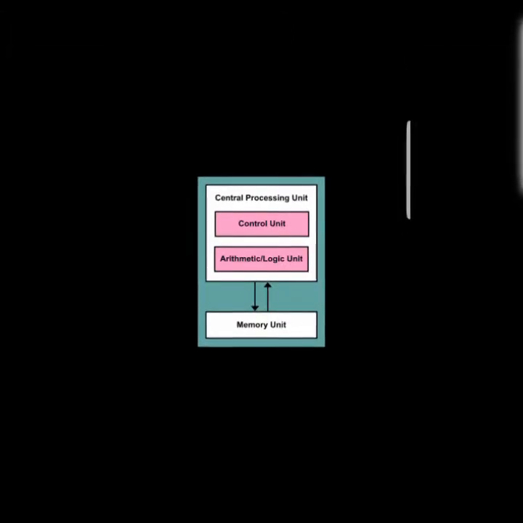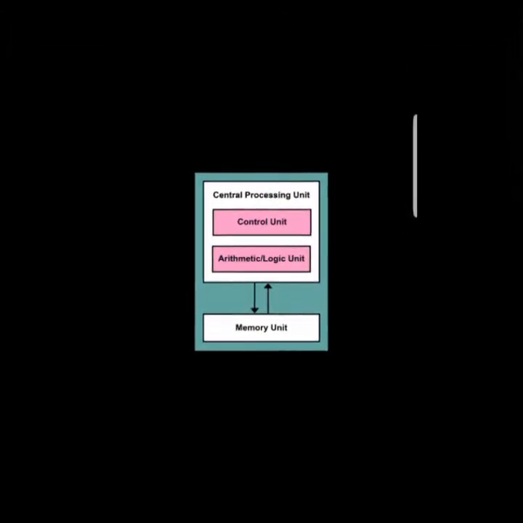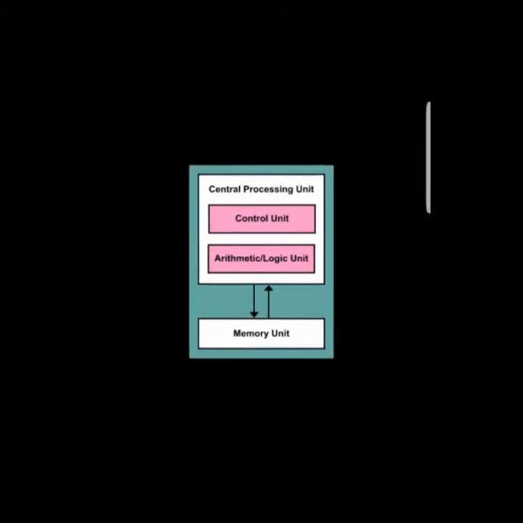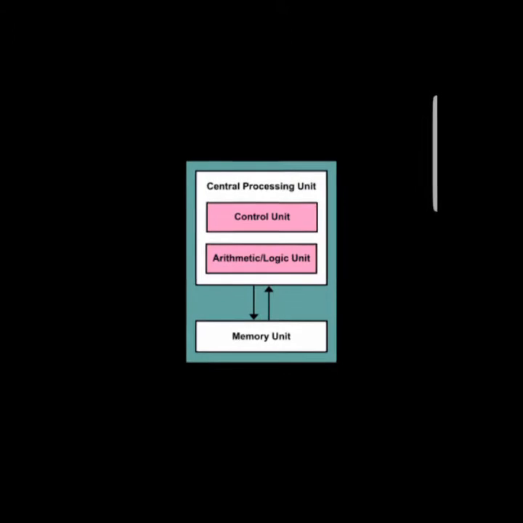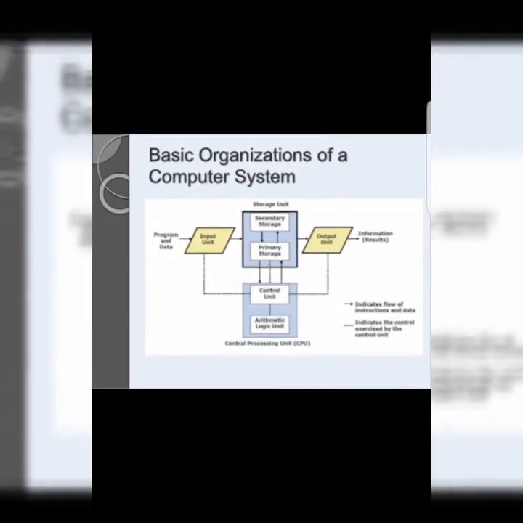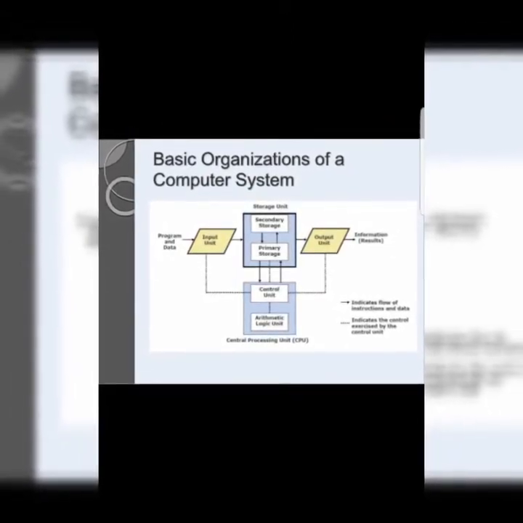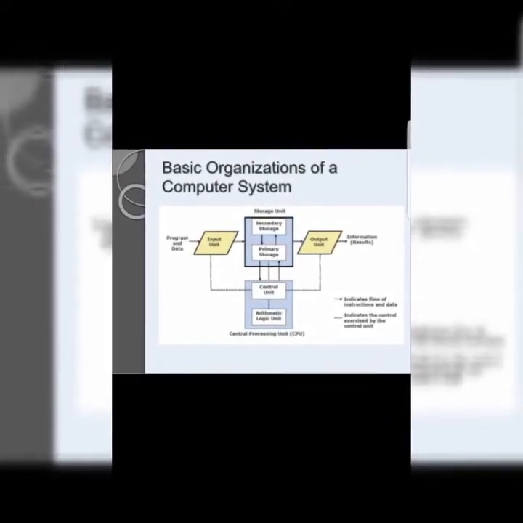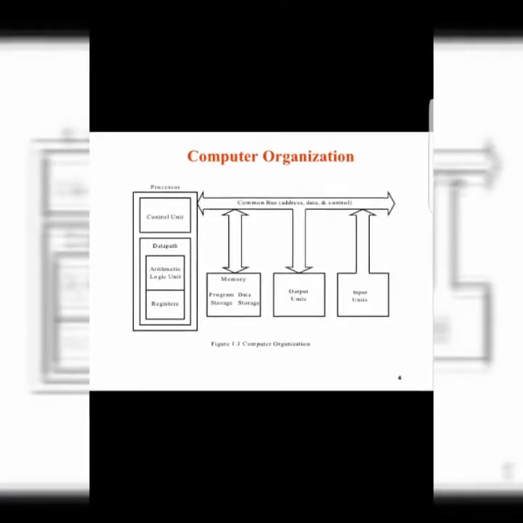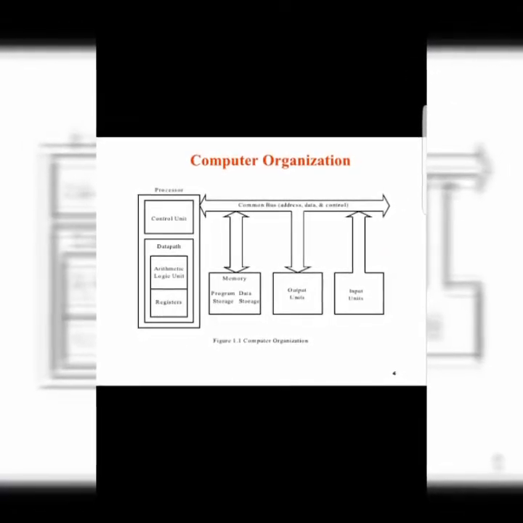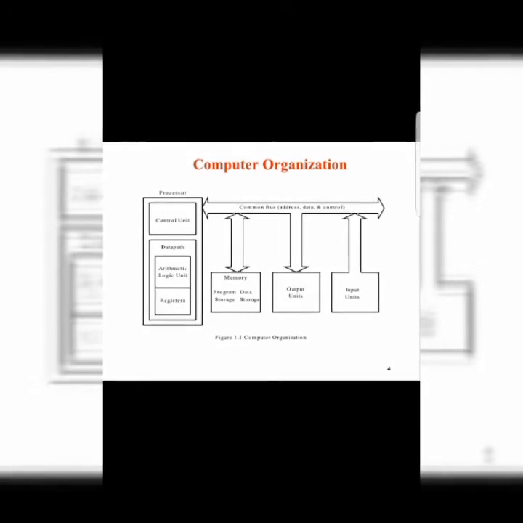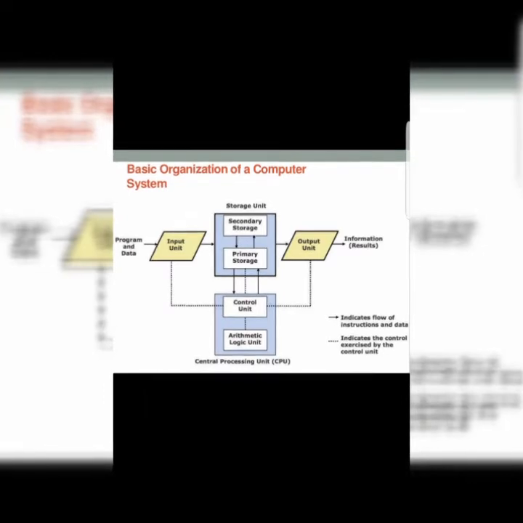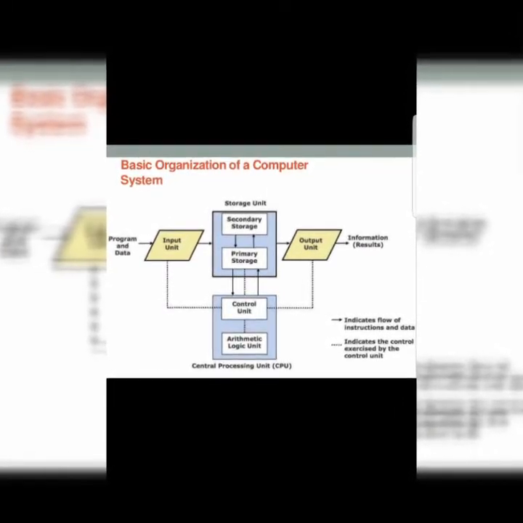There are a variety of processors in the market which can be categorized on the basis of speed, technology, or manufacturer. The processor speed is always measured in megahertz or gigahertz.